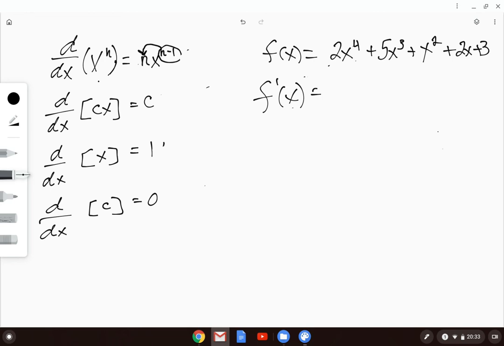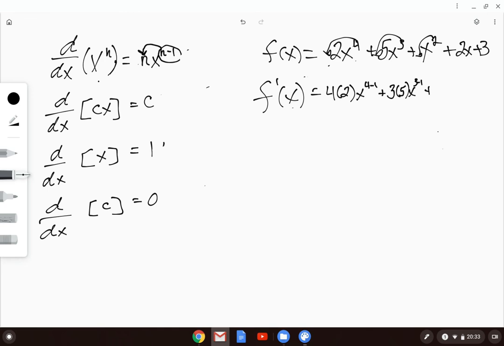So if I start here, I move my 4 right there, so that becomes 4 times 2, and then you have x to the 4 minus 1, and then my 3 would move here, so that's going to become 3 times 5 x to the 3 minus 1.